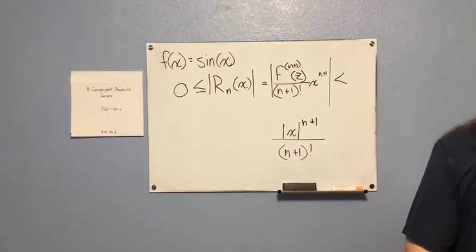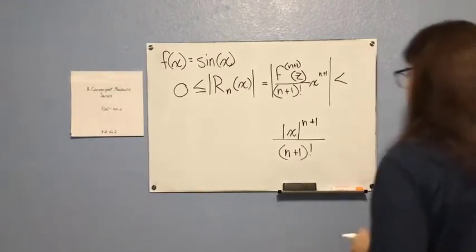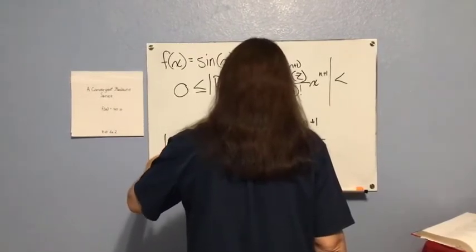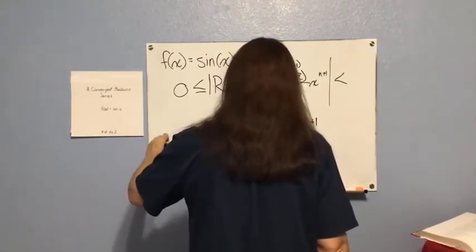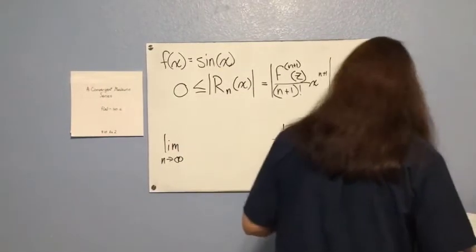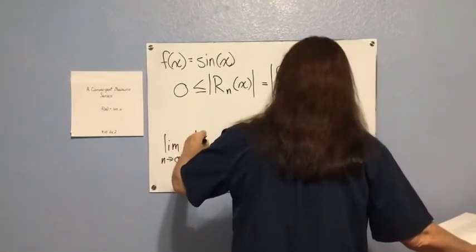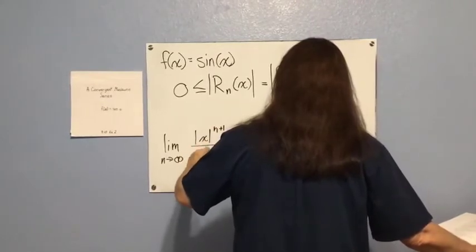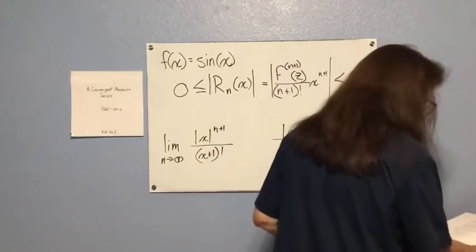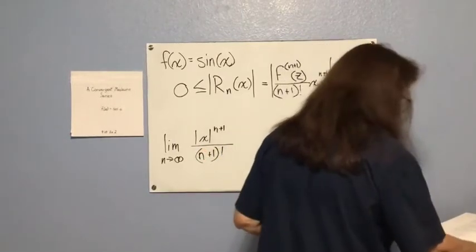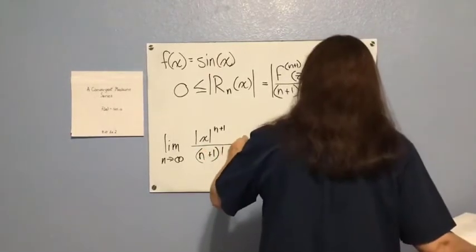So for a fixed x, the limit as n goes to infinity of the absolute value of x to the n plus 1 over n plus 1 factorial is equal to 0.